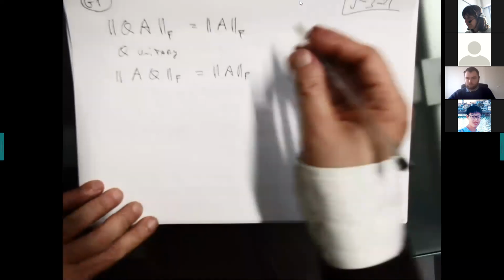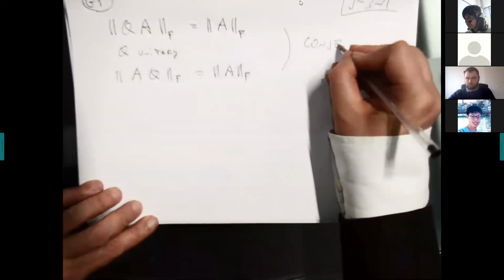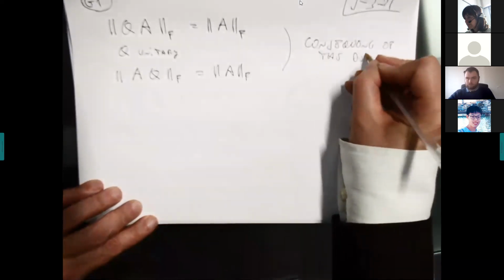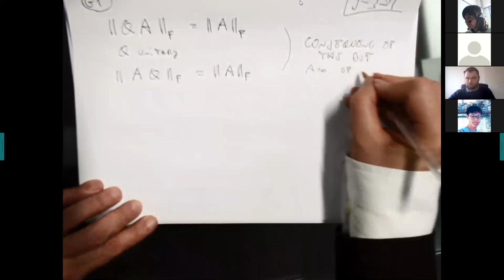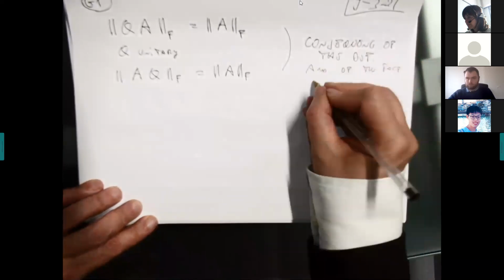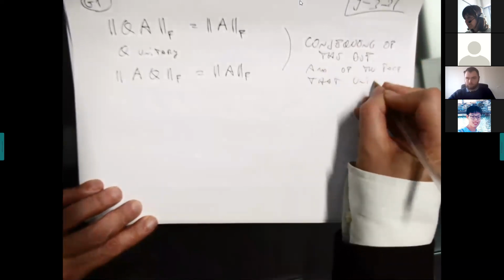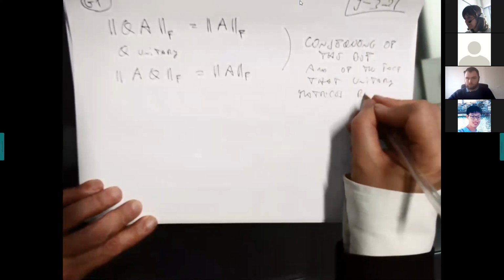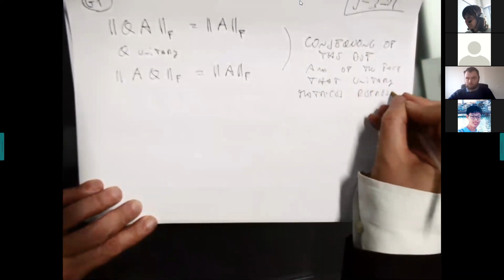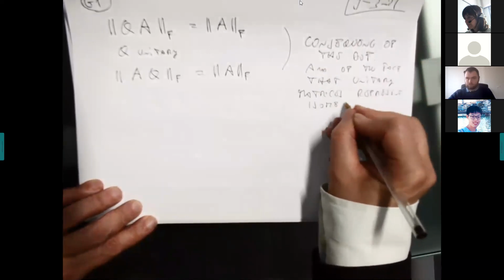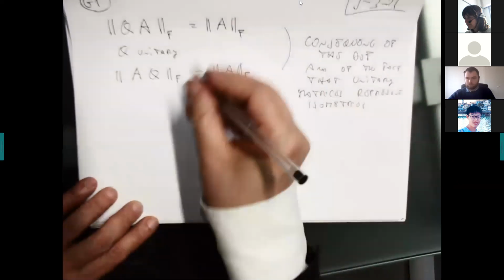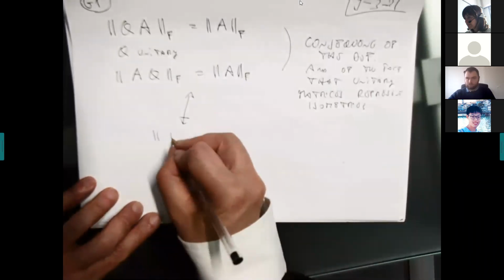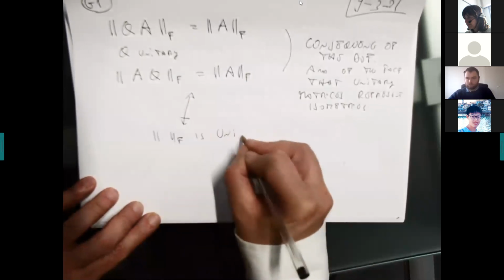So this is a consequence of the definition and of the fact that unitary matrices represent isometries. This property has a name: the Frobenius norm is unitarily invariant.